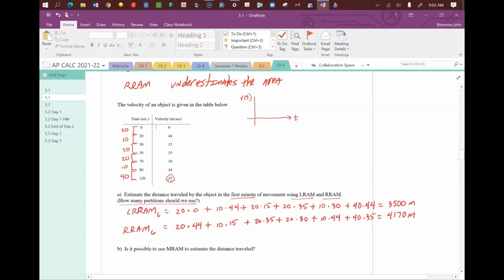Even more importantly, you don't know what's happening to the velocity in between the endpoints of these subintervals. So for the first subinterval at time 0, the velocity is 0, and at time 20, it's 44. You can't assume that the velocity is constantly increasing on that interval. It could be up and it could be down.